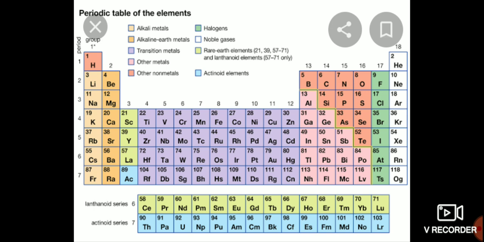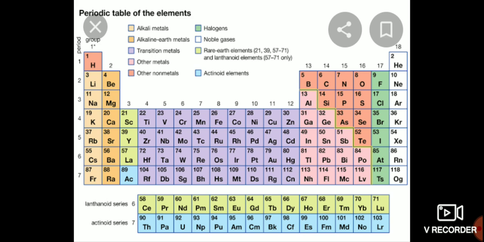Then it is easy to remember and reproduce. With the atomic number in increasing order, the elements are easily memorized and easily studied in this periodic table.